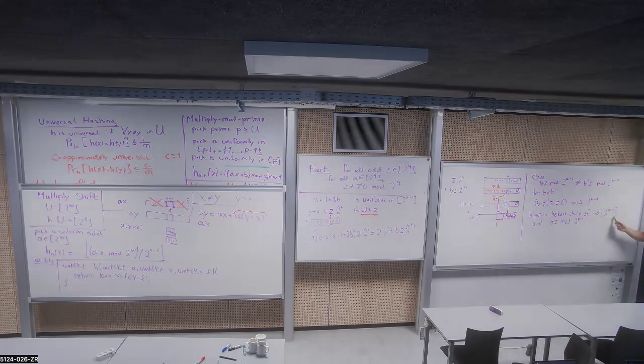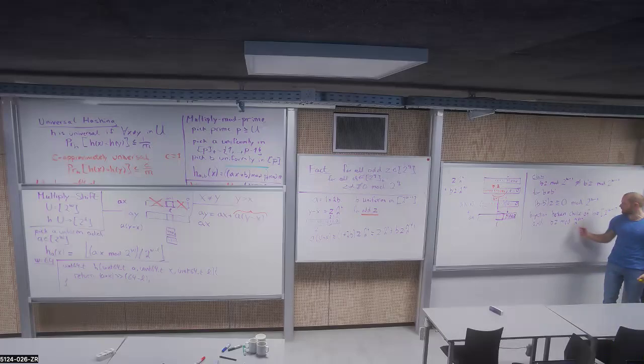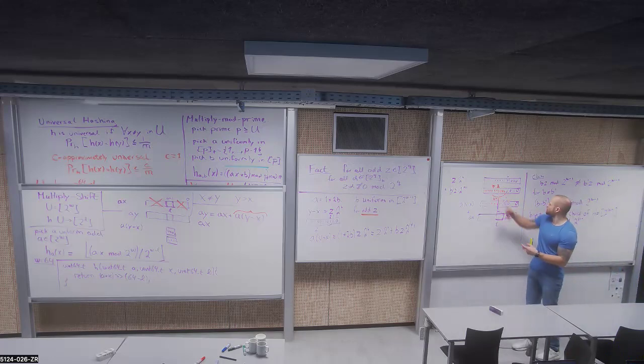But since we choose B uniformly at random, it also means that B times Z mod 2 to the W minus 1 is uniform random. Bijection. Which means these W minus 1 bits are uniform random.